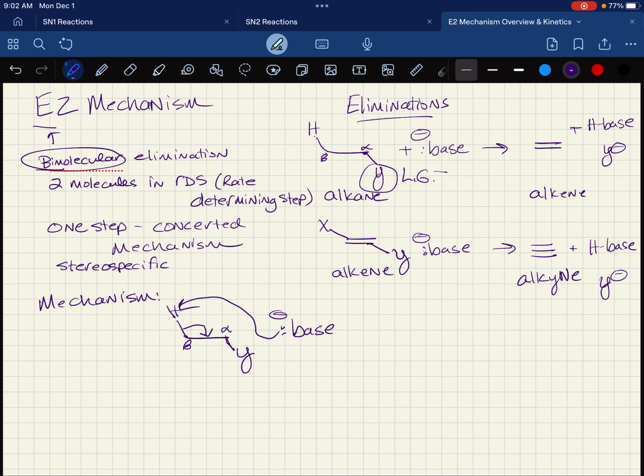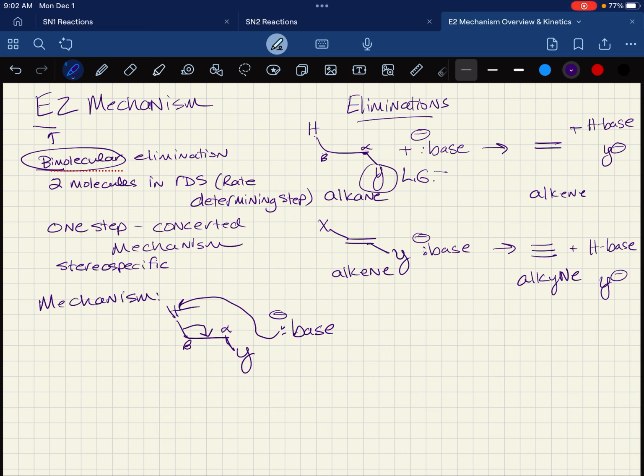Later we'll talk about what's called regioselectivity, which is sometimes we'll have substrates where we have to decide where to remove the proton, what's going to be the most probable outcome in terms of where does the pi bond go.